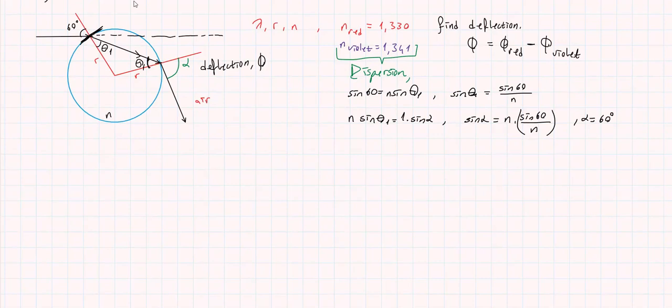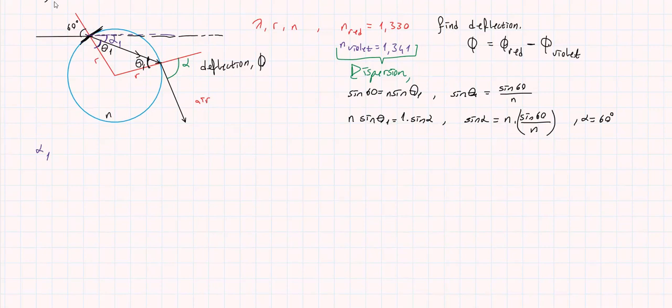The deflection is the difference angle, the extra angle caused by the refraction. So if I didn't have any refraction at this interface, then my ray would follow this path, right? But it didn't. It made this theta 1 angle, and it had a deflection of this much. Let's call this alpha 1. So this is my first deflection.